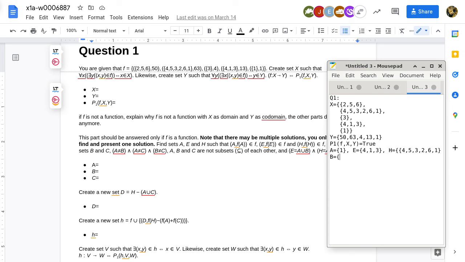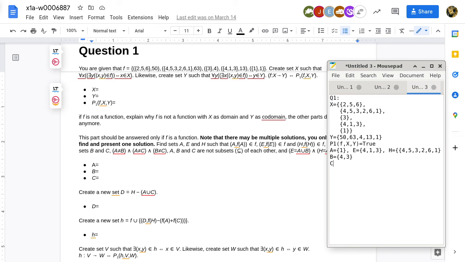If I say E minus A, the resulting set is going to be, what characteristic does it have? What elements are going to be in E minus A? Yeah, go ahead. E without the elements of A. Everything in E, but not in A. Okay, so very good. So we look at the E set, which is 413. We look at A, it has just one. So that means 43 should be in B.